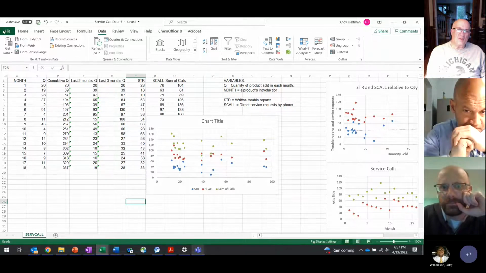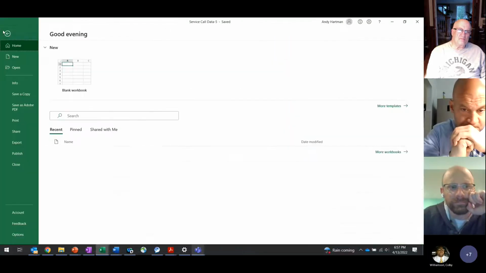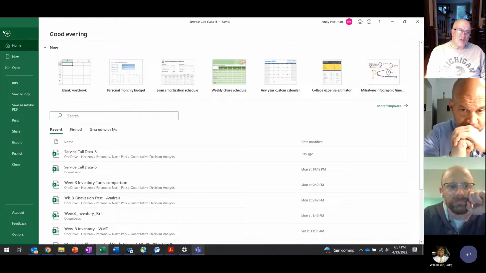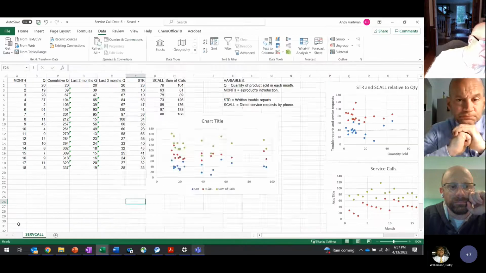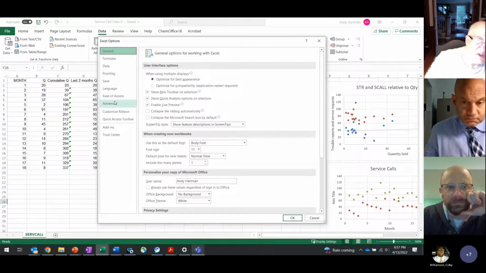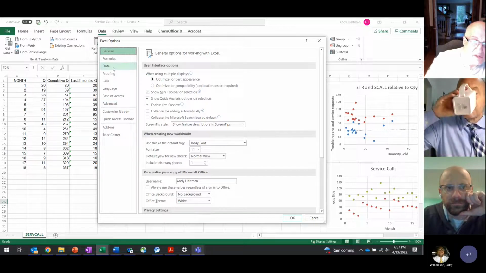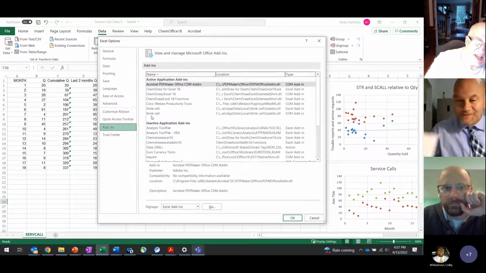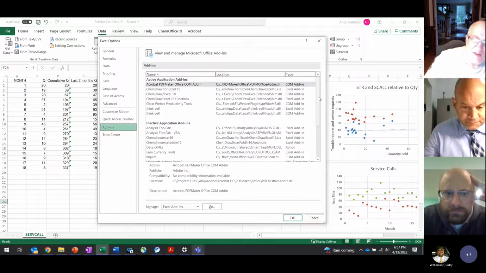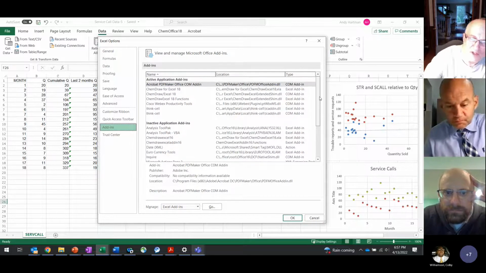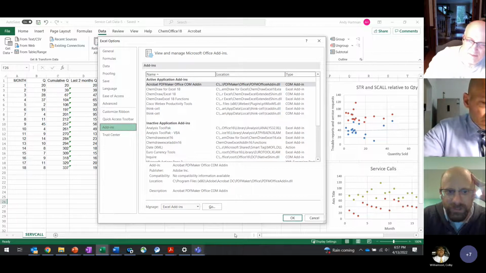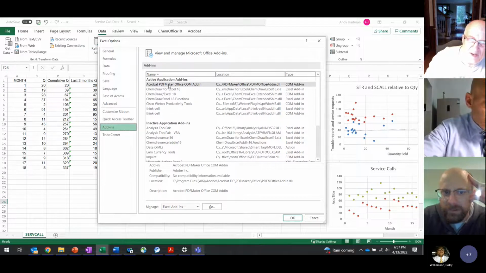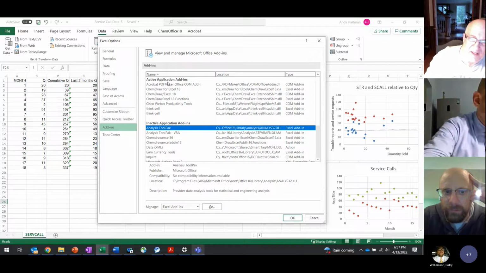Okay. Go to File. Go down to Options, at the very bottom of that first column. Now go to Add-ins. Click on that. Now, this is really weird because all you have to do here is hit Go, right at the very bottom. Don't click on any of that, it doesn't matter. Just go to Go.